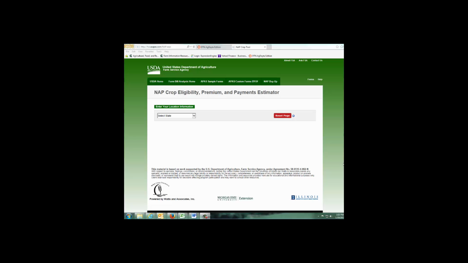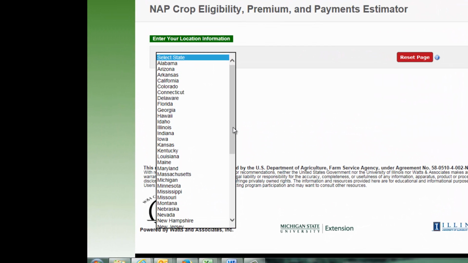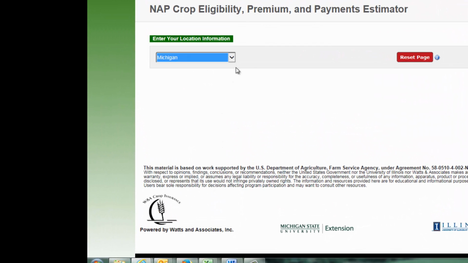And a third one is RMA insurance is available for that crop, but you may have a type or an intended use that is not covered by the RMA facilitated insurance, and therefore you're allowed to use NAP crop coverage. For example, cucumbers. So let's go to Michigan again.